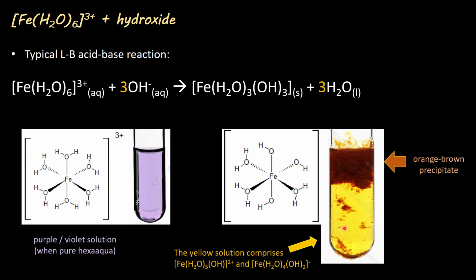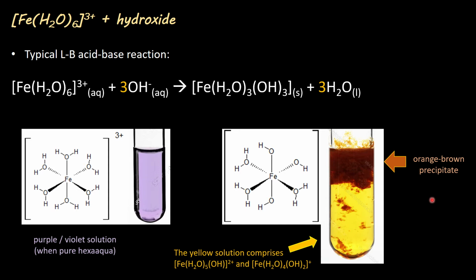And so there's a bit of yellow in there, there's a bit of the other yellow from the other species, there's a bit of the violet from the hexaaqua. You've got all 3, and so the colour mixes to make an overall yellowy colour. That purple's actually very bright. I had to doctor that picture to make it look a bit more purple. But as we said earlier, moving on now, the tris-hydroxy-tris-aqua complex, this precipitate, is the solid there, and it's orange or brown, or orange-brown, or rusty coloured.